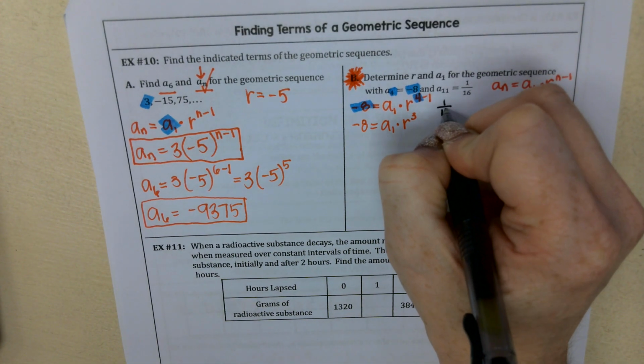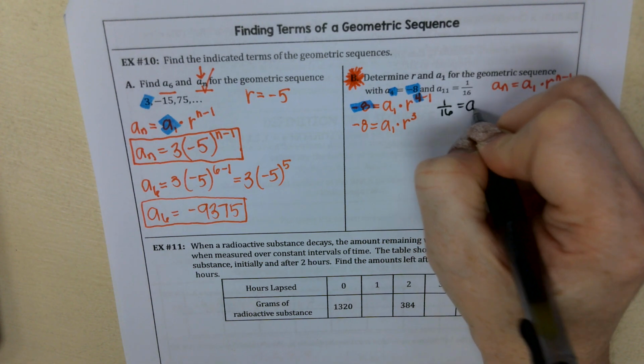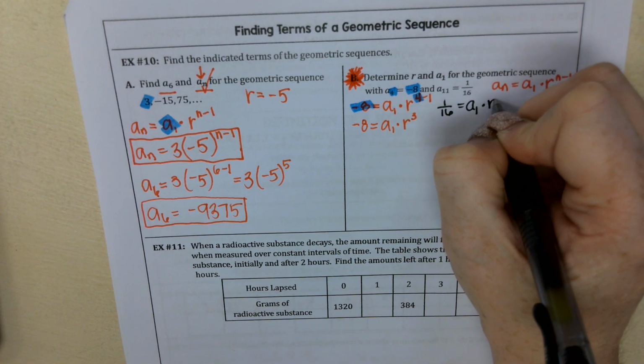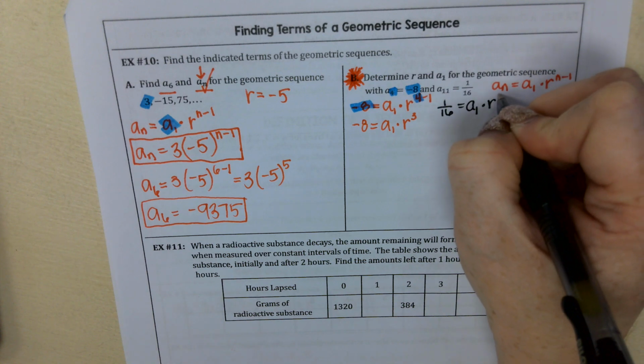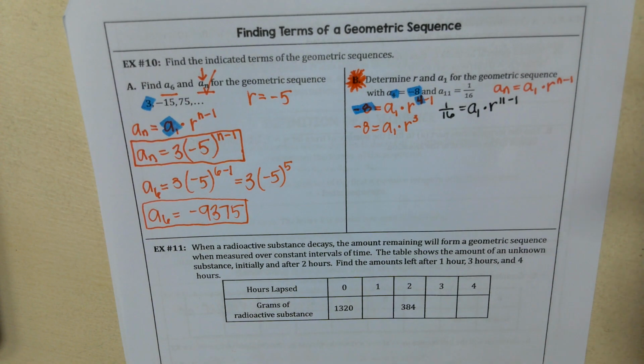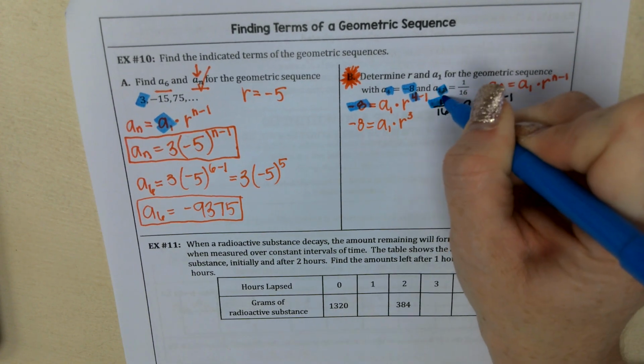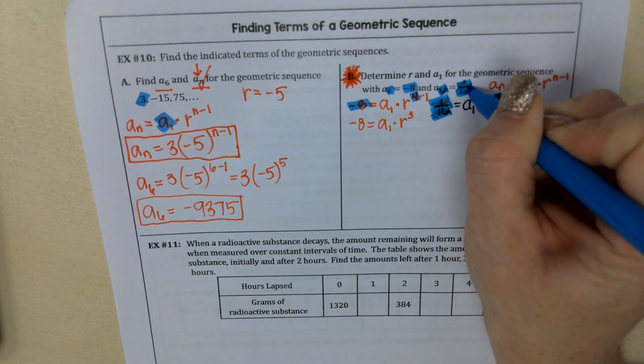So 1/16 is equal to A1 times the common ratio to the 11 minus 1 power. When I plugged in 11, I got out 1/16.